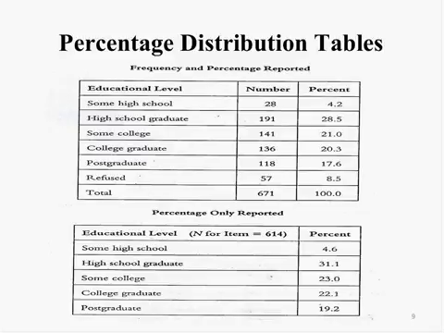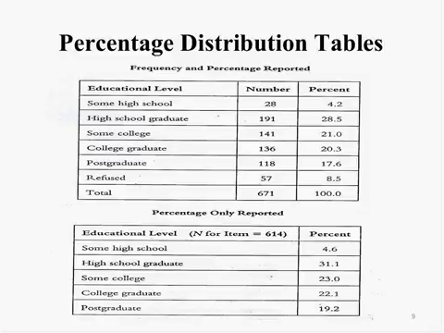leaving only 614. So you see in the first line at the table at the bottom that the capital N, which is the population size, is 614, which is 57 less than the table at the top. And that accounts for the denominator in creating the percentages over on the right. So when we talk about some high school, we see in the table at the top, there was 28.